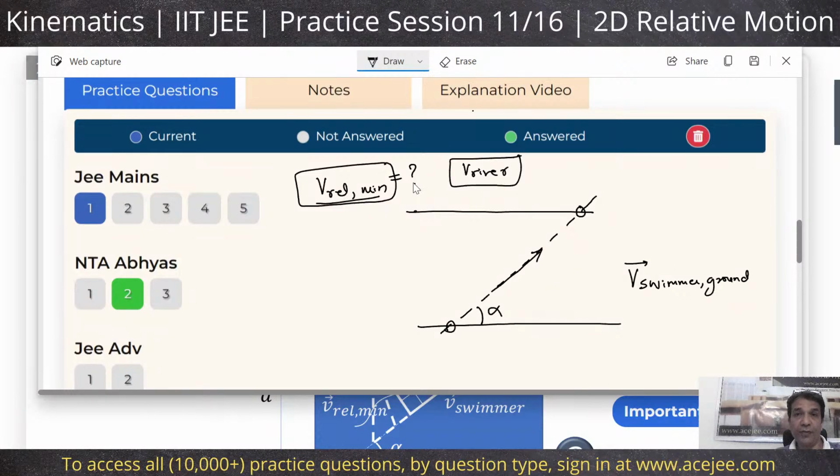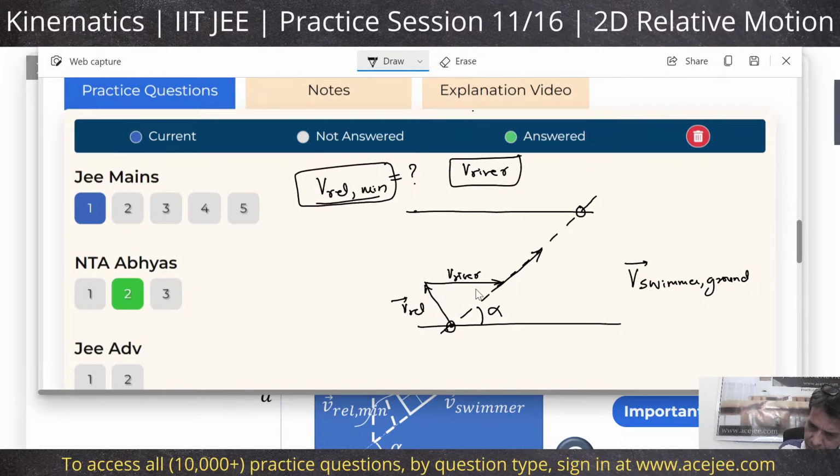So what are the different ways he or she can travel? He can start here, let's say in this direction, so he can travel like this, no? If this is V river. Or he or she can start to travel in this direction.